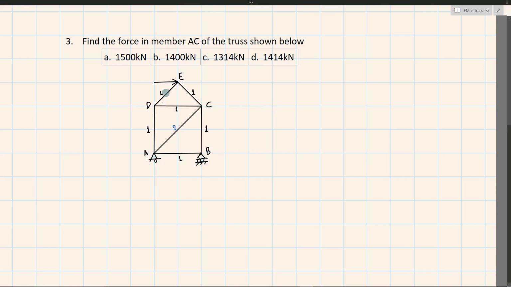I'll consider the whole truss as a single member, and I'll try to solve for the reactive forces, right? So if I consider the FBD of the whole body, mind you that I am not considering each and every member, I am considering the whole body. The whole body will also be in static equilibrium, right?